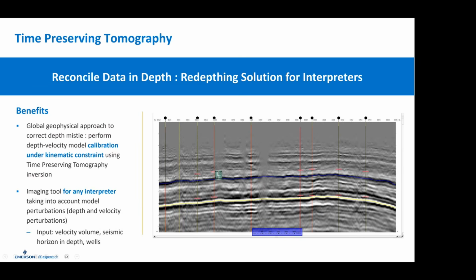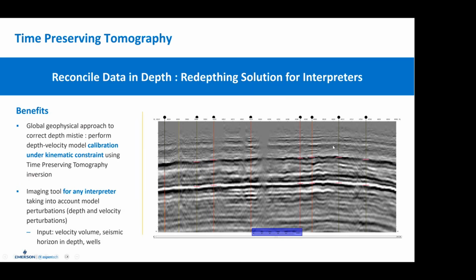Here's an example where we're going to reduce those misties. We have a couple of horizons, the blue one and the yellow one, and you can see some markers extracted from the wells that don't fit the horizons. After we do this time-varying tomography, we can see that the new model fits the markers. Note that, as I said before, we generate velocity, we don't generate seismic, okay?